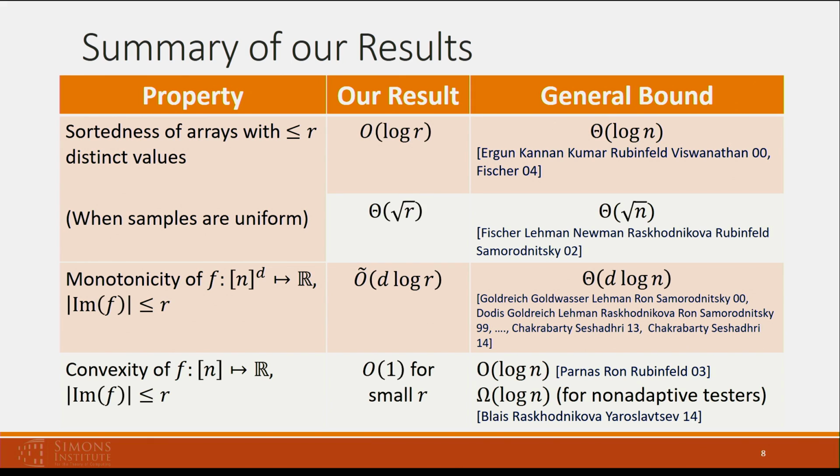And a similar picture emerges for the sortedness tester with only access to uniform samples. So we were able to replace the input size n with the number of distinct values in the array r. And it is also true for monotonicity in higher dimensions and convexity.